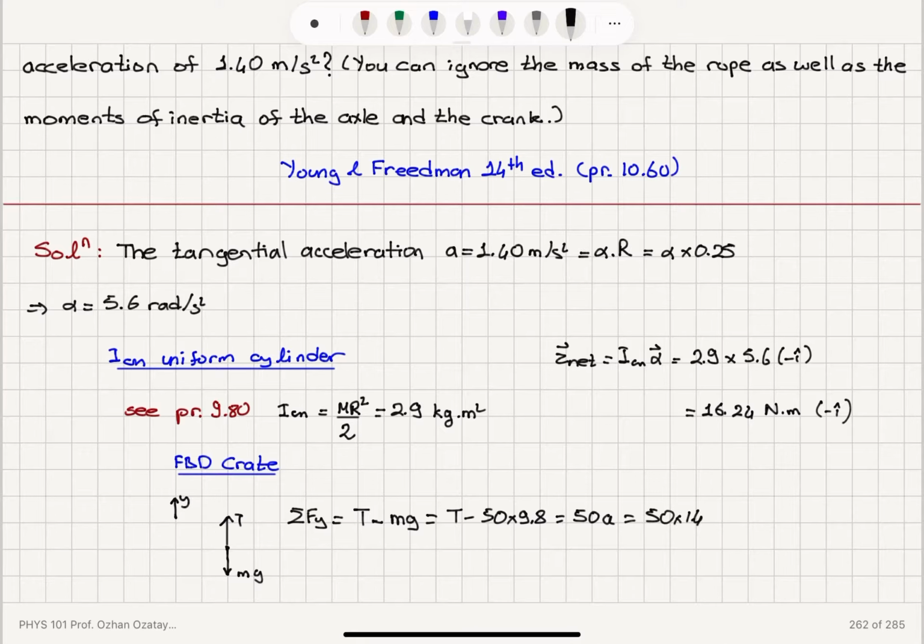So from this I can calculate the tension: 50 times 1.4 plus 50 times 9.8, 560 newtons is the tension acting on the crate.